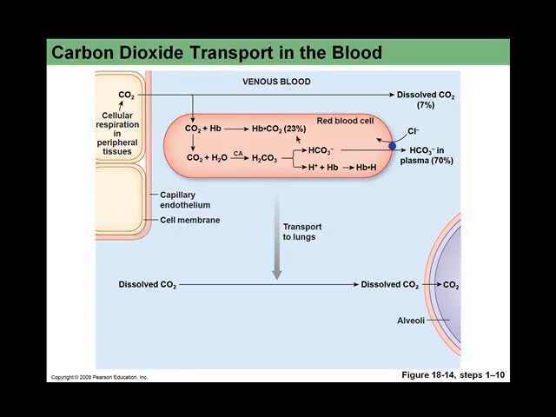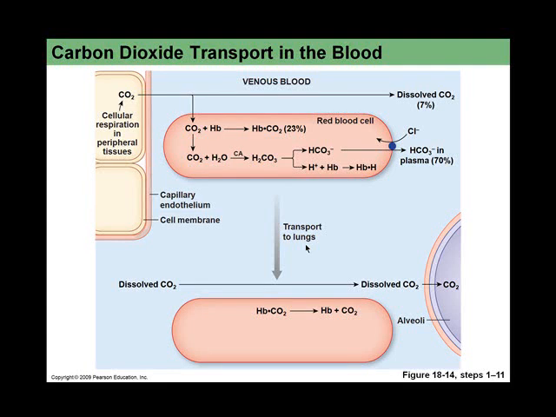And now it's capable of taking on the carbon dioxide and the hydrogen that's generated to pick up the carbon dioxide load that is carried predominantly in these forms. And of course, you just put some into the plasma as bicarbonate. So that's how it's transported.